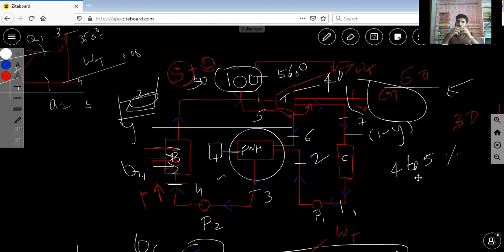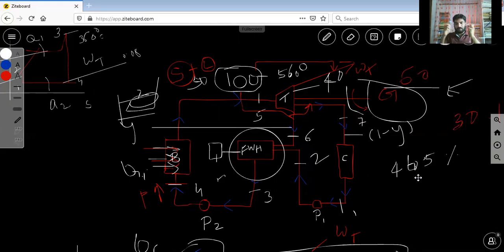Then the mixture enters pump 2, which increases the pressure so that the inlet pressure and temperature of the boiler are high. This high pressure liquid enters the boiler, where with the help of heat it is converted into steam.